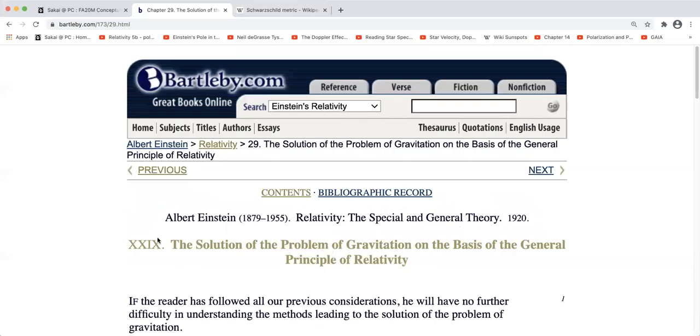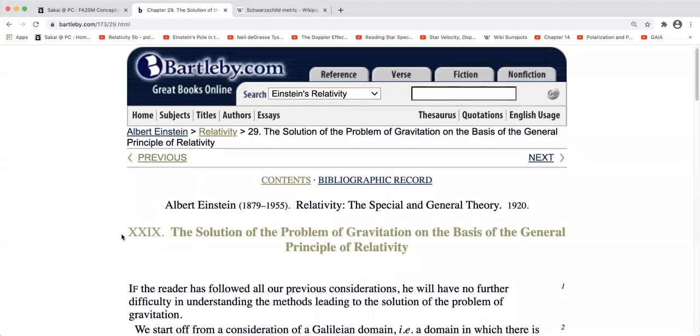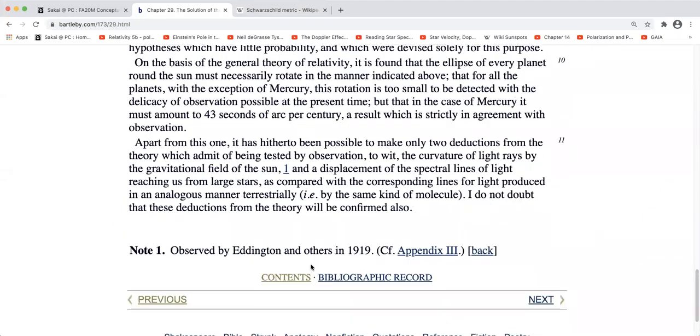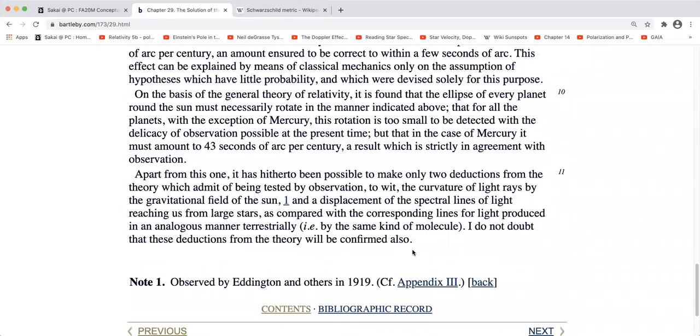If you look at section 29, where Einstein talks about the consequences of his general theory of relativity, he mentions, let's see here, "I do not doubt that these deductions will be confirmed." But if you look at our assigned text, he says the opposite.